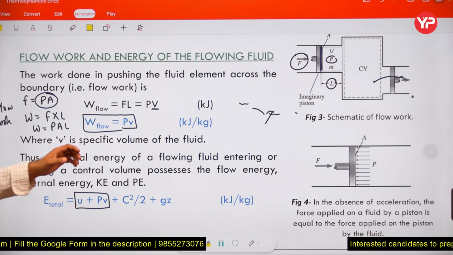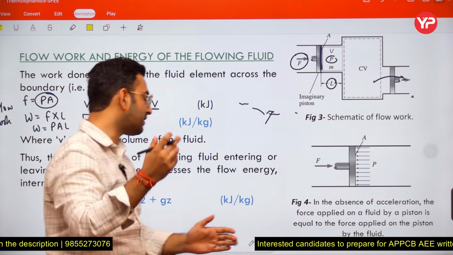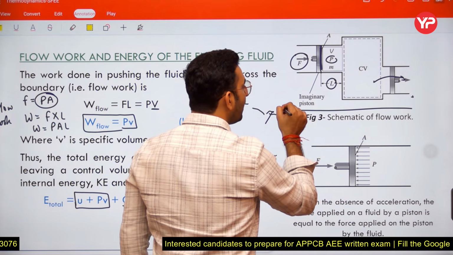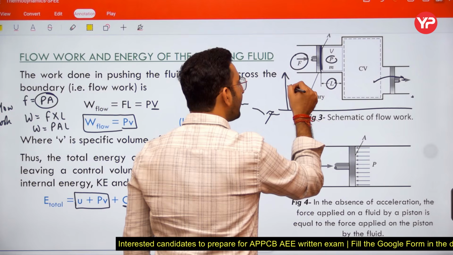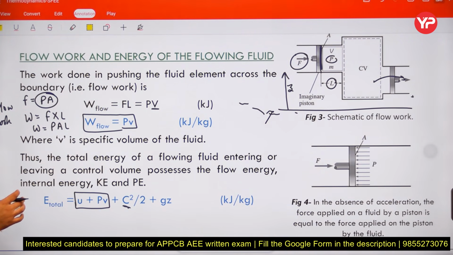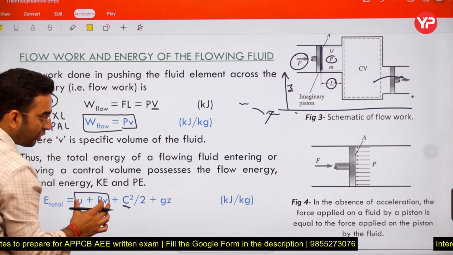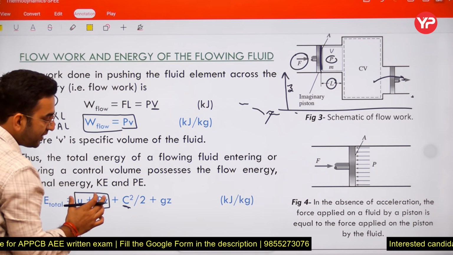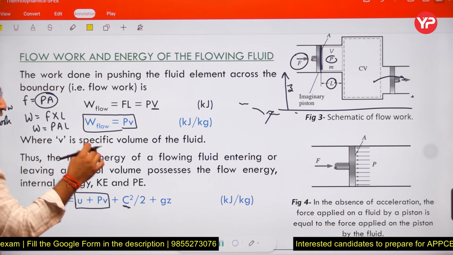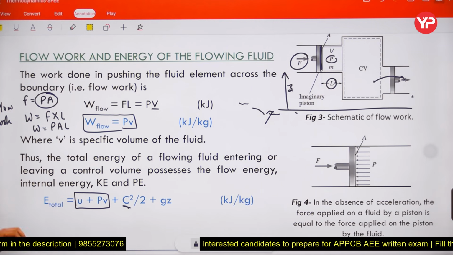And also along with that, the liquid is entering with a certain velocity, let us say c, okay. And if I take a reference here, I can define the potential energy associated due to its position also. So you can see the total energy present at the inlet of the pipe consists of the microscopic energy due to the fundamental properties, along with the macroscopic energy due to the bulk movement and the bulk position, okay.